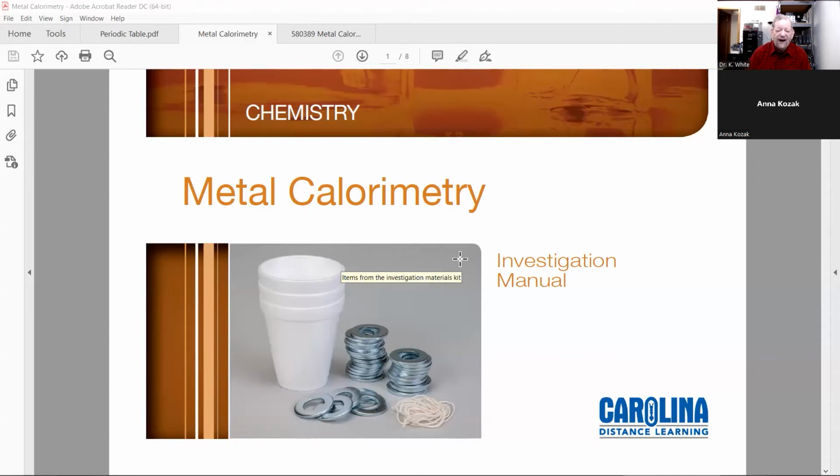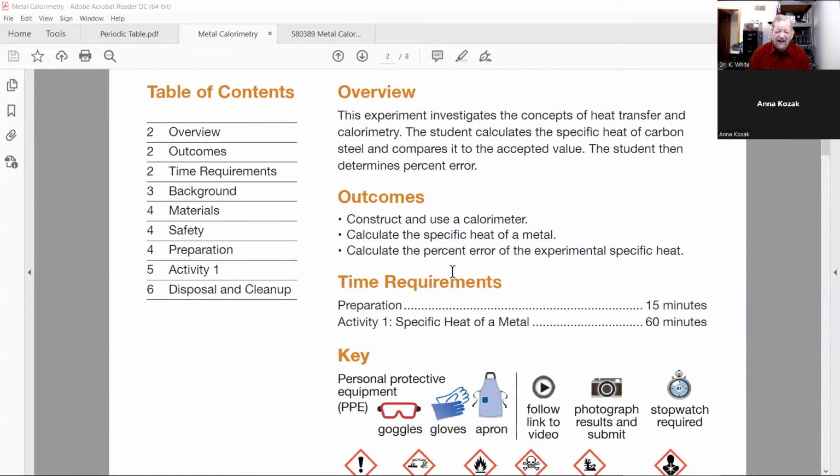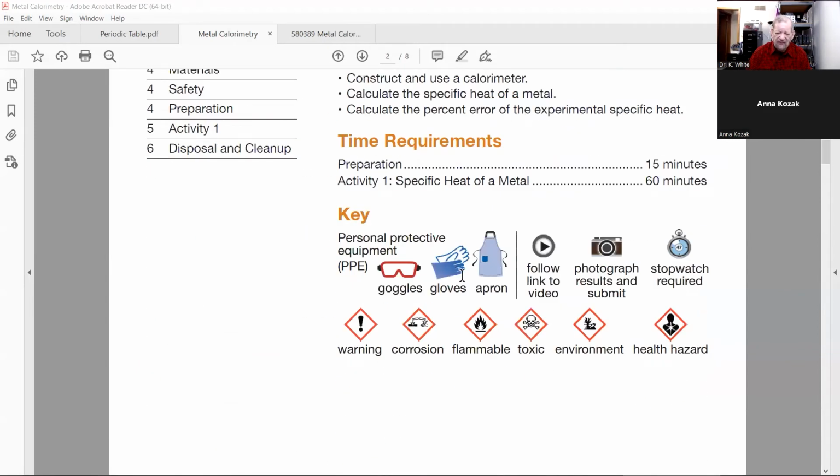Thank you. All right, today's lab deals with the concept of heat. And you measure heat changes with a device called a calorimeter. Now, today's lab, here's some of the stuff you'll need.